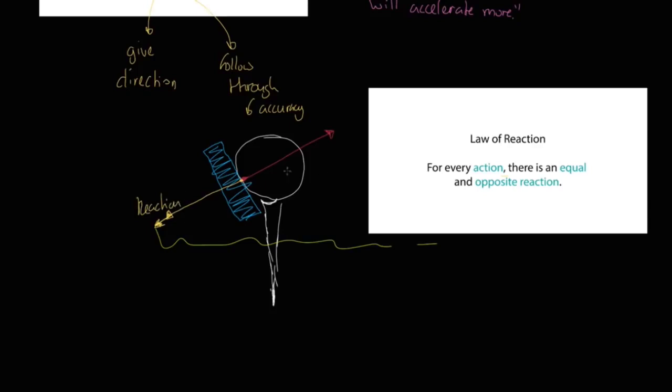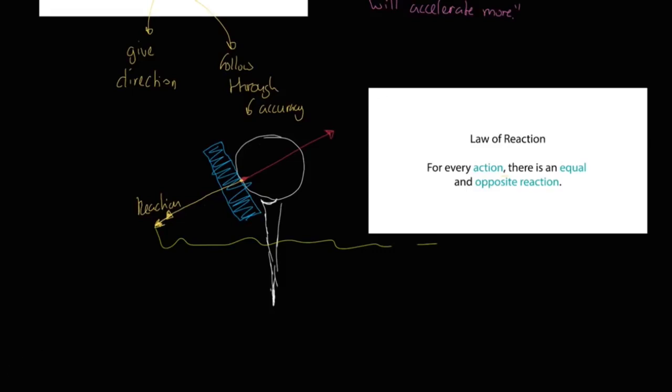So we've effectively got the club applying the same action force to the ball that the ball applies back on the club. And you might ask yourself, if all forces are equal, why does the ball accelerate off in that direction?